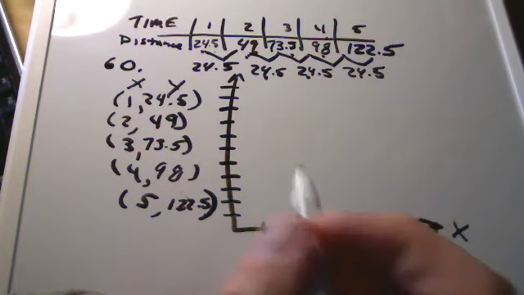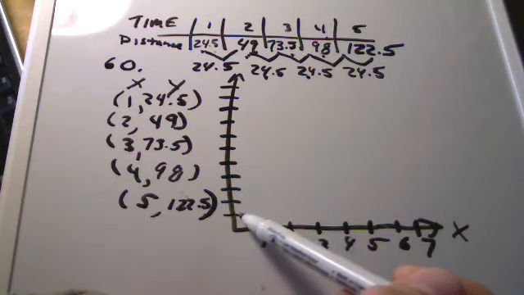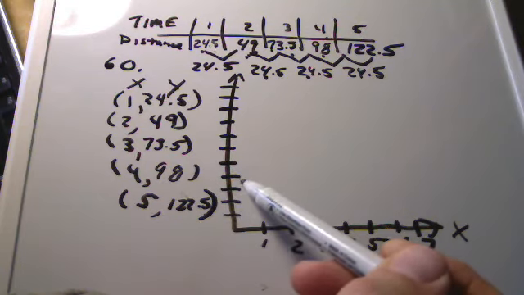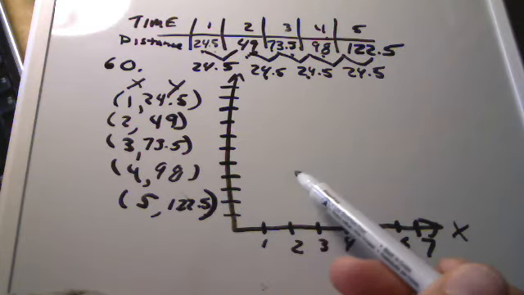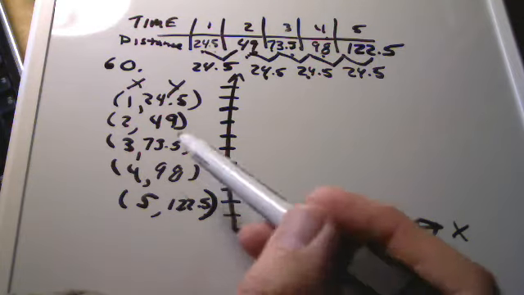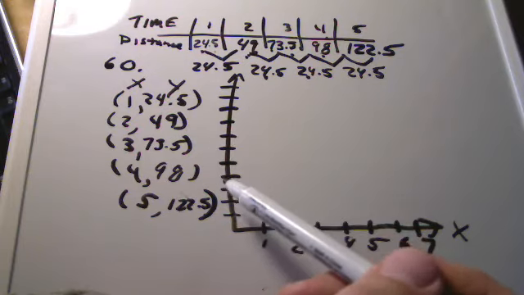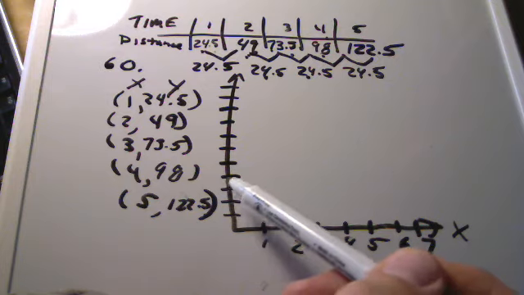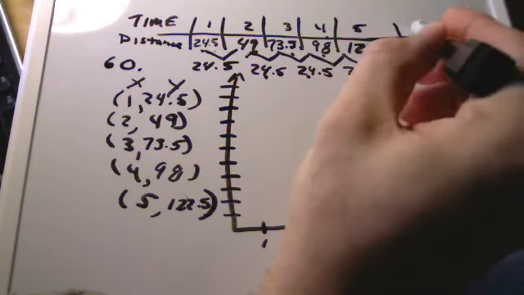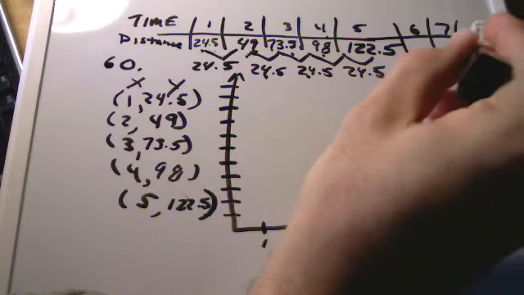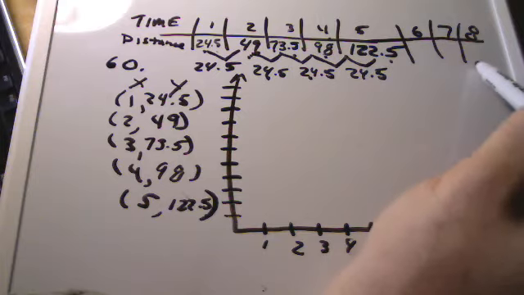But look at the y values. The y values are pretty big. I can't just start off 20, 21, 22, but maybe I could start off with intervals of 5, 10, 15, or 20. 24.5 is here, and the biggest number is 122.5. It actually wants me to predict what it would be for 8. So if it's 122.5 here, it's going to be pretty big for 8.